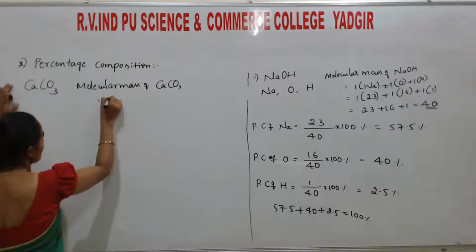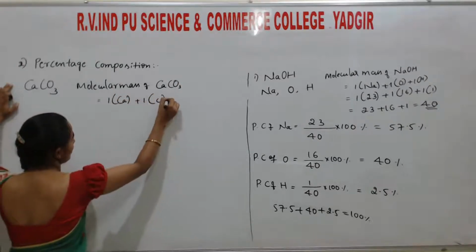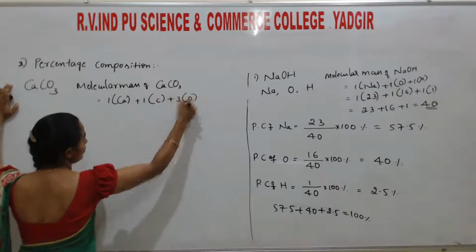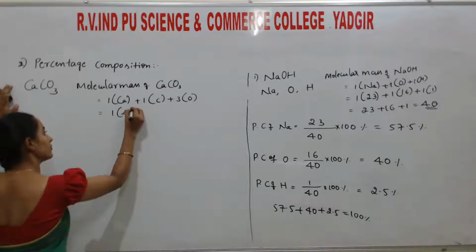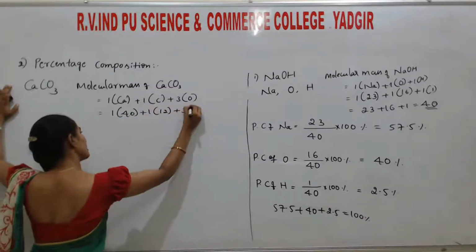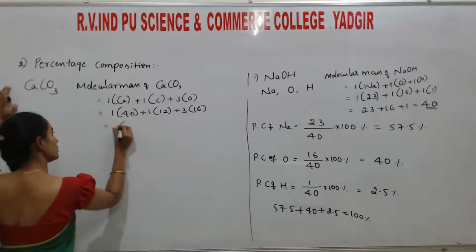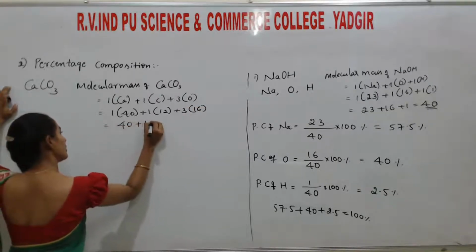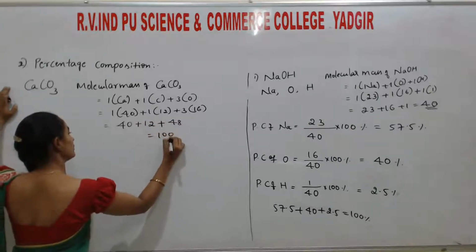So students, 1 into Ca plus 1 into carbon plus 3 into oxygen. The mass of calcium is 40, mass of carbon is 12, and mass of oxygen is 16. So that is 40 plus 12 plus 48, that is 100.